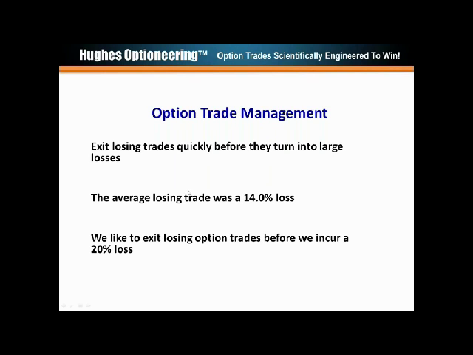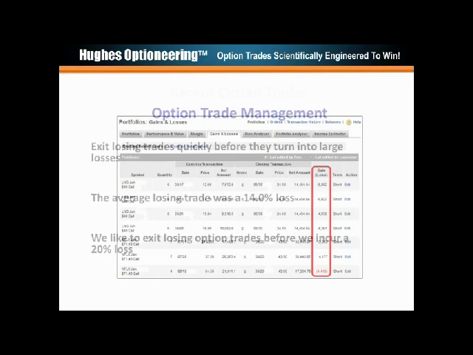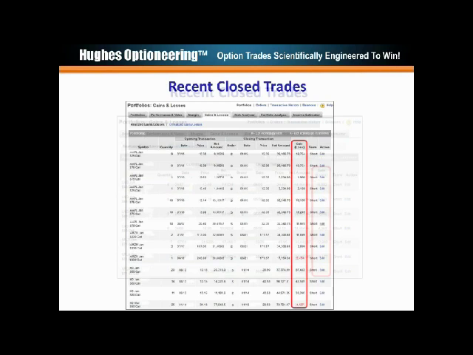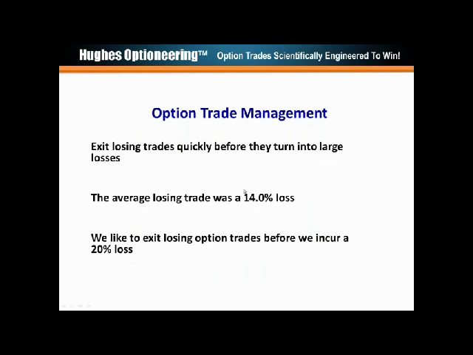So in these 2 snapshots, our average losing trade was 14%. So we'll look to get out of an option trade if we get up near a 20% loss, we'll exit.